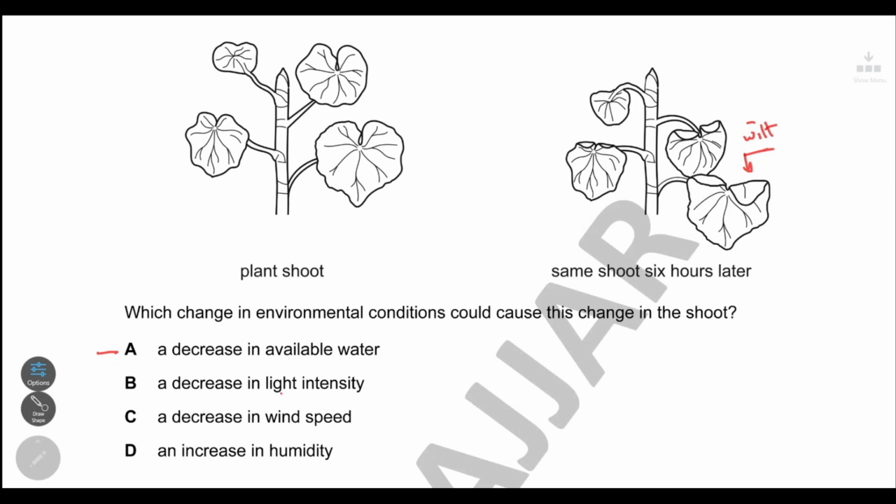A decrease in light intensity. How come? If you decrease the light intensity, the transpiration rate will decrease. And if the transpiration decreases, the plant will not wilt.